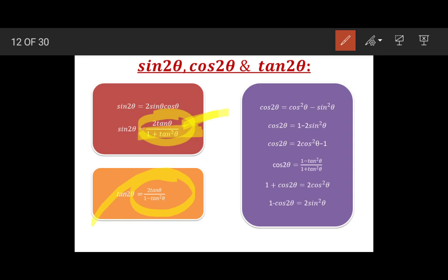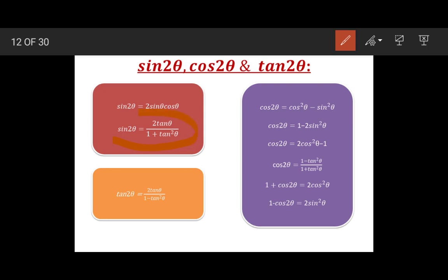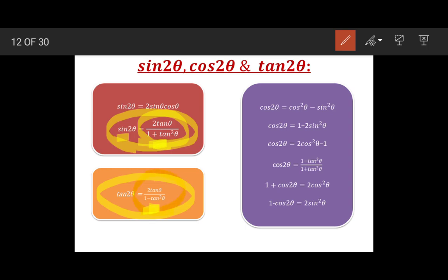And the tan 2 theta formula is 2 tan theta upon 1 minus tan square theta. So the only difference between the sin 2 theta formula and the tan 2 theta formula is the sign. Just check the sign. If the sign is plus, then this is the formula of sin 2 theta. If the sign is minus, then this is the formula of tan 2 theta.